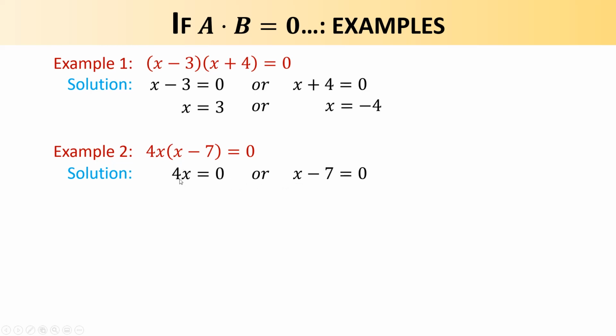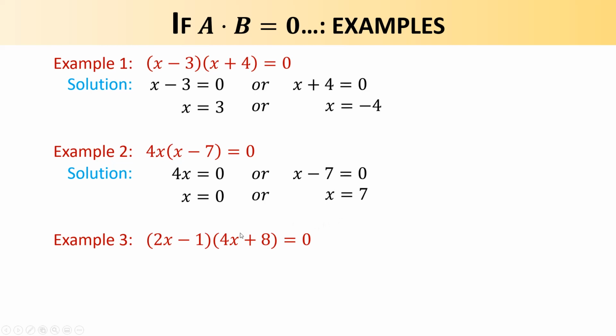In the first case, 4x equals 0. What is x? Well, we divide both sides by 4, and then we see x equals 0. In the second case, x minus 7 equals 0. So we add 7 on both sides, and we get x equals 7. So there are two solutions, x equals 0 or x equals 7.